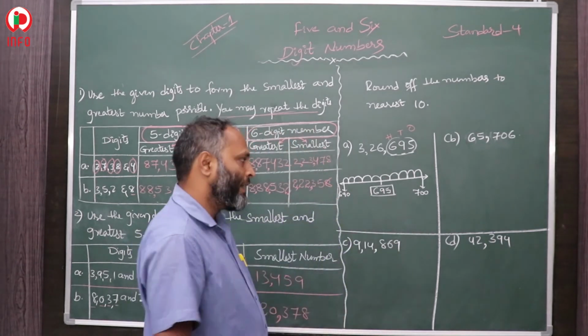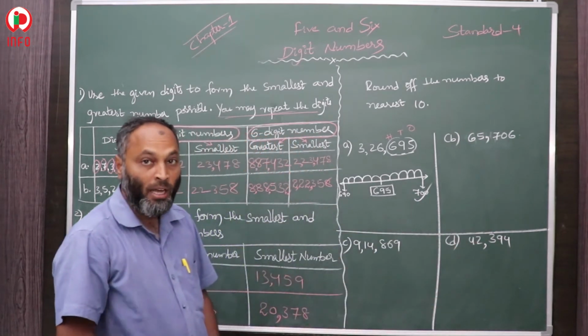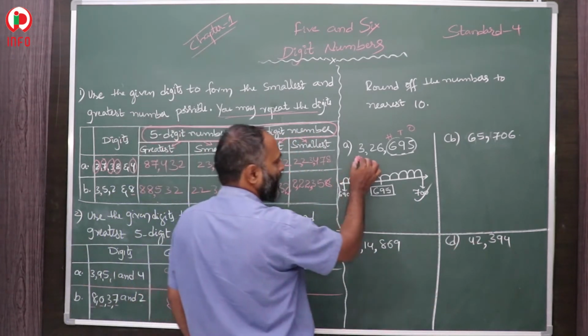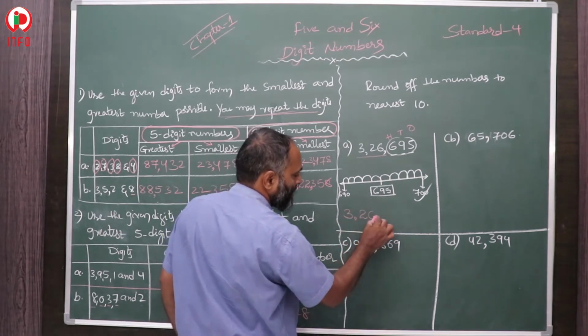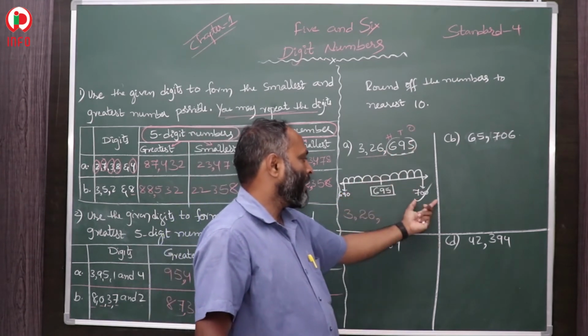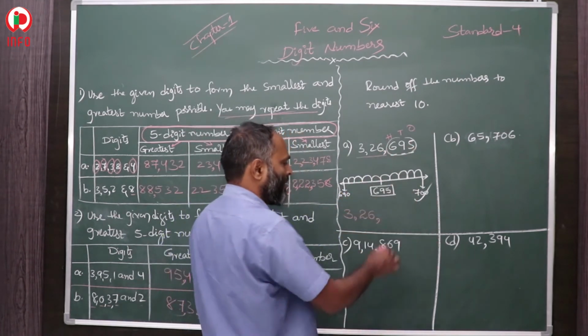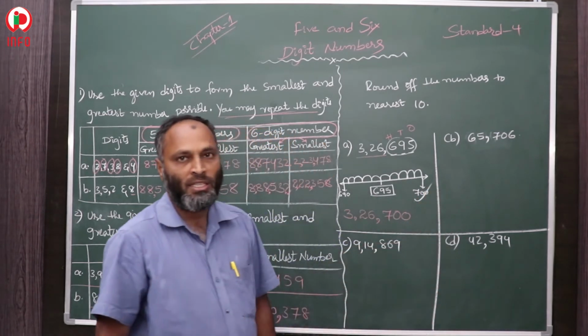So then we consider this value nearest to tens. Then how to write? The rest we write as it is, 3,26,000, and we remove 695 and take 700. This is nearest tens.